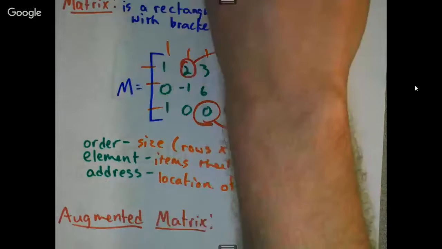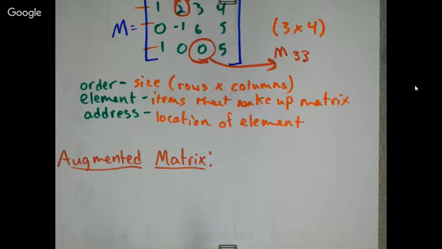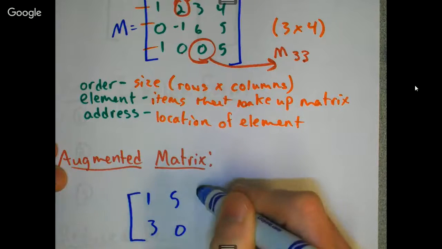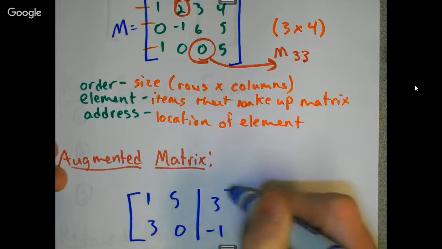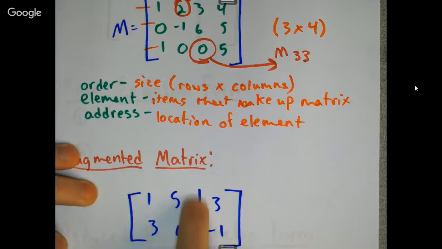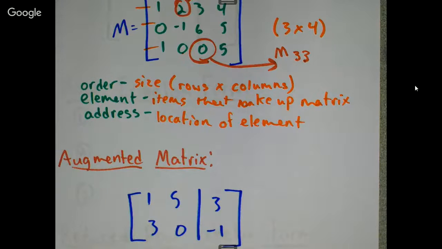We also have what's called an augmented matrix, and an augmented matrix looks like this. Notice I've got this extra identifier here, and that just denotes an equal sign.